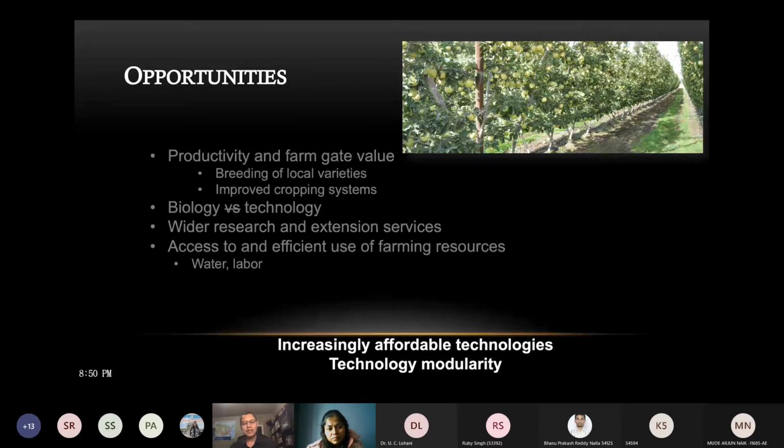Increasingly affordable technologies and technology modularity are other opportunities. What I mean by that: certainly, complex machines like robotic machines are or can be expensive, but with increasingly affordable computational speed, decreasing cost of some of these technologies such as drones, and also technology modularity, meaning in the past we'd be developing tractors costing $300,000, $400,000, $500,000, maybe $1 million.